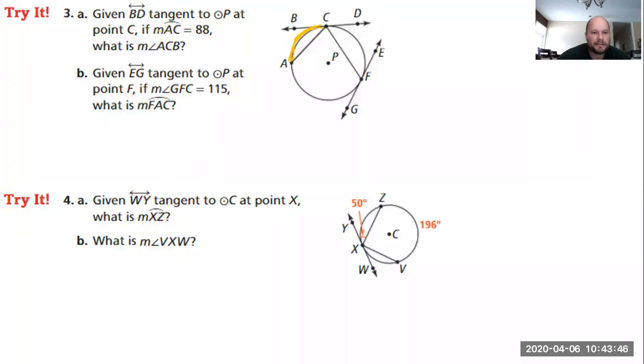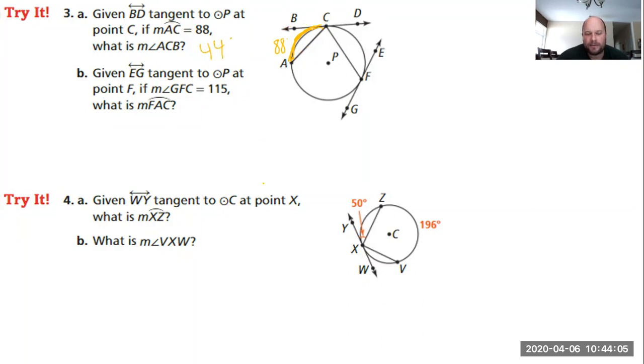At C, this is 88 degrees, it said 88. What is the measure of angle ACB? So ACB, this angle right here, that's going to be half of it. So that'll be 44 degrees.